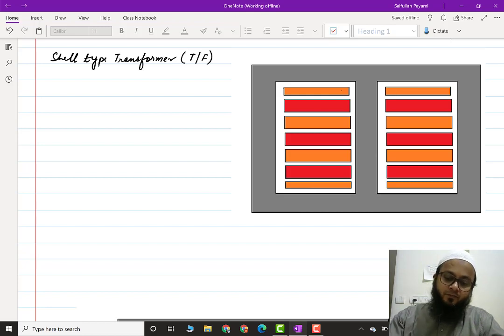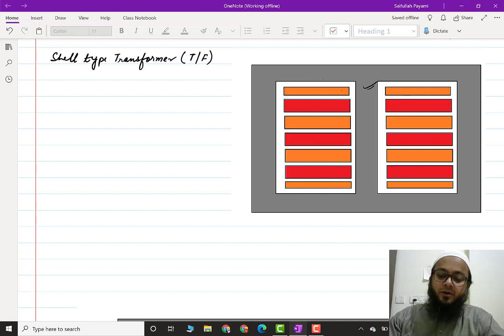So this is the central limb. On the central limb we do the winding there. First we place the low voltage winding near the core and the high voltage winding between the cores.